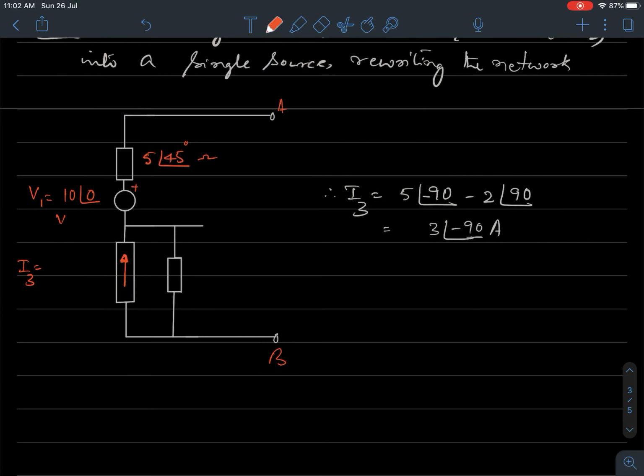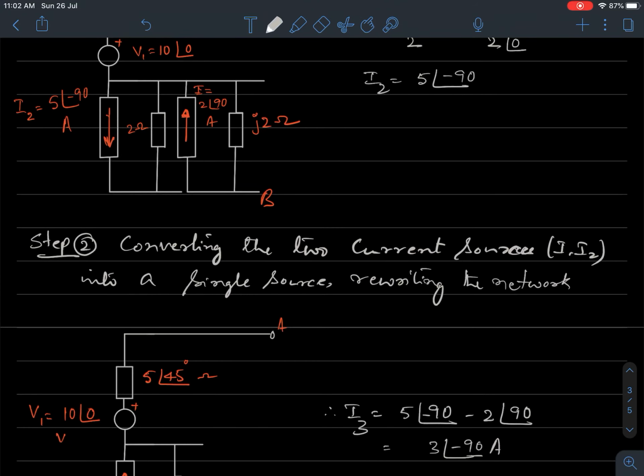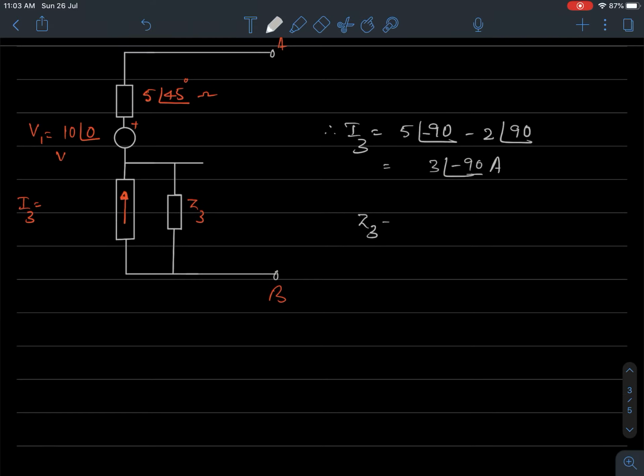And I'll call this impedance Z3. What is Z3 equal to? If you look at the previous diagram, it is a parallel combination of this 2 ohm and this J2 ohm. So Z3 equals 2 parallel J2.